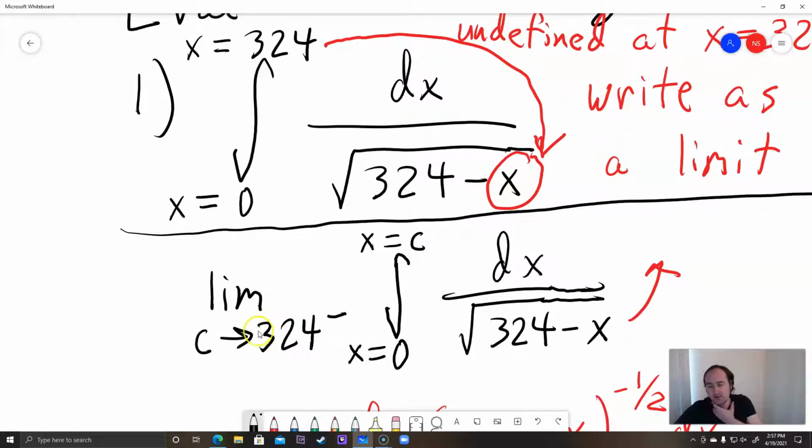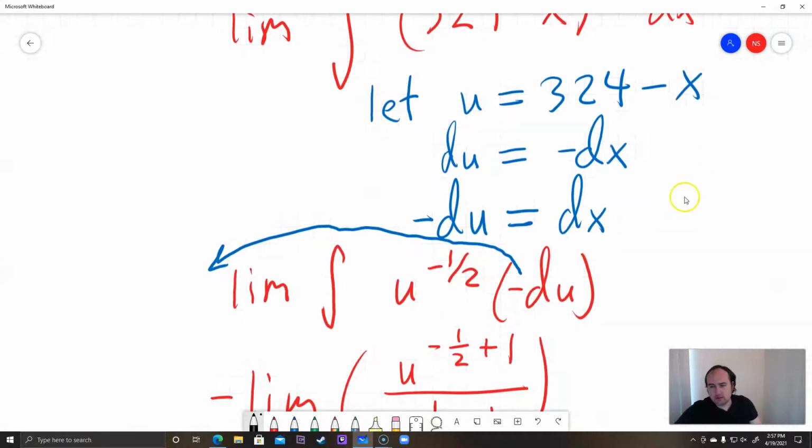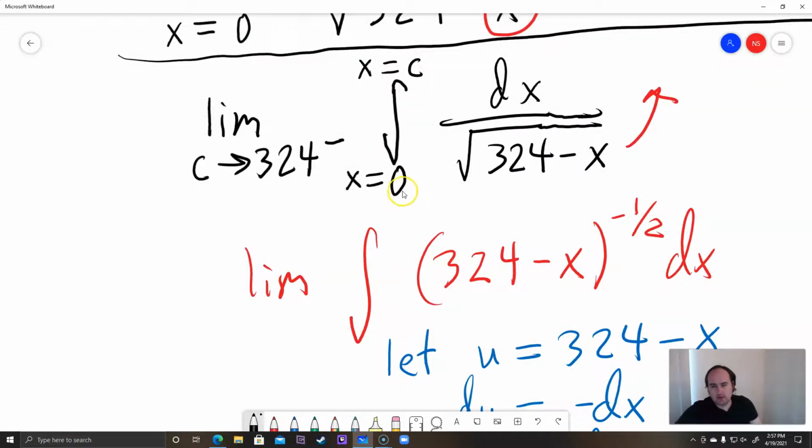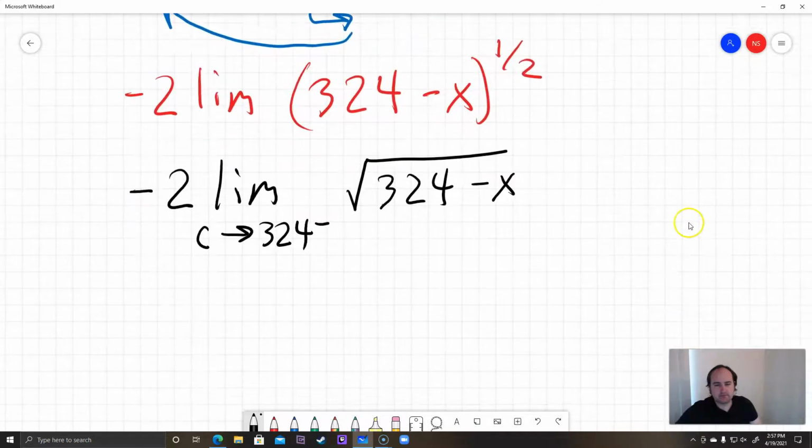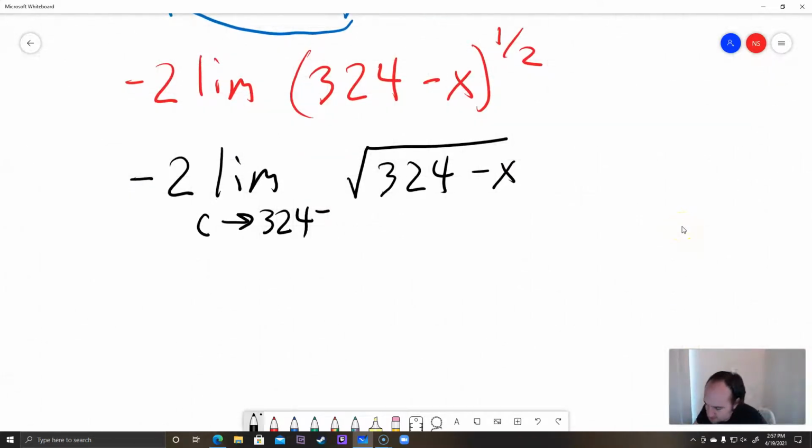So that's why we had to write it as a limit. Okay? So we're going from 0 to c. x equals 0 to x equals c. So I'll go ahead and write that in here. So we're going from 0 to c. And then plugging in the top number into the function, and then we subtract the function evaluated at the bottom number.